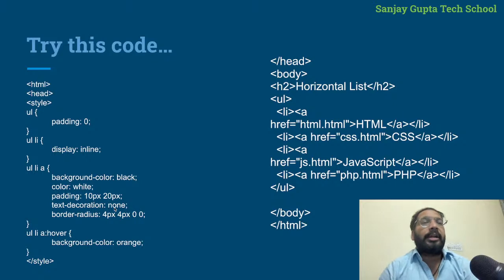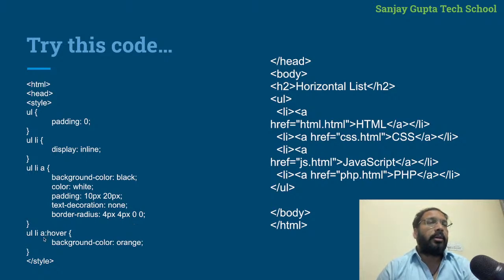If you want to remove that underline, you need to use text decoration none. And this is border radius. A block has 4 borders, so 2 are having 4 pixels and 2 are having 0. With the help of the result, you will be able to understand how the radius will look.